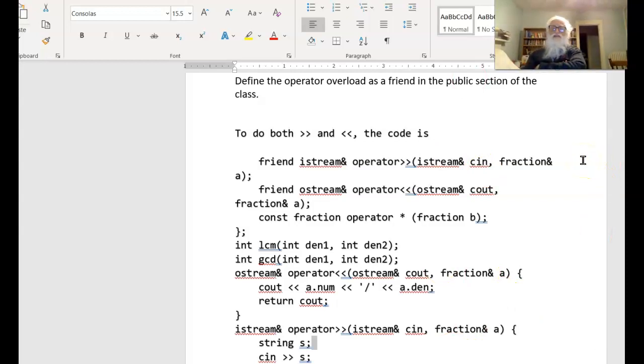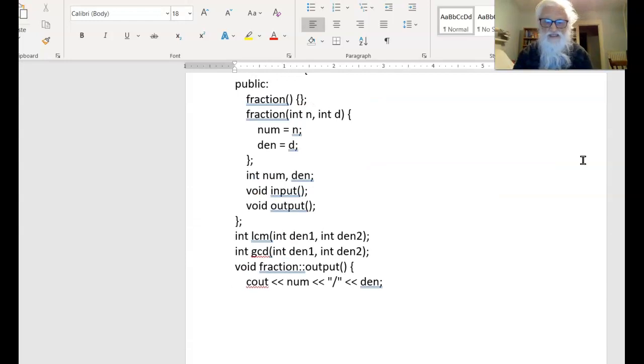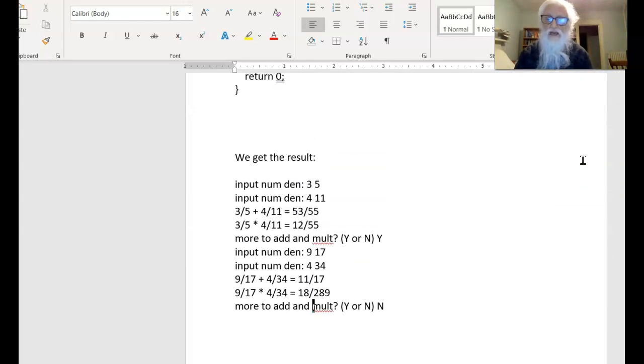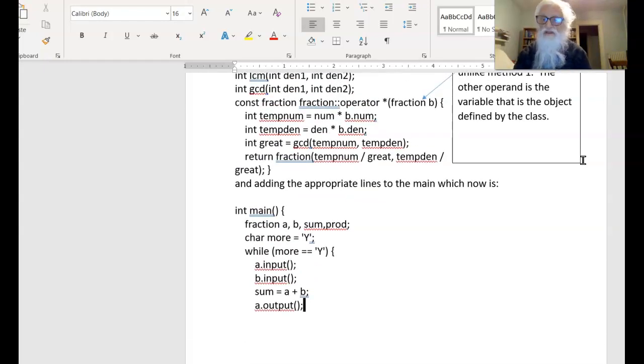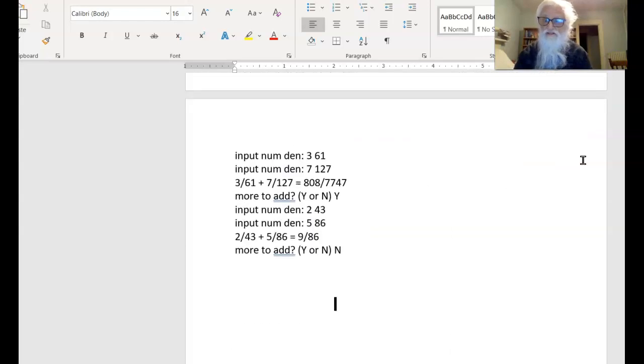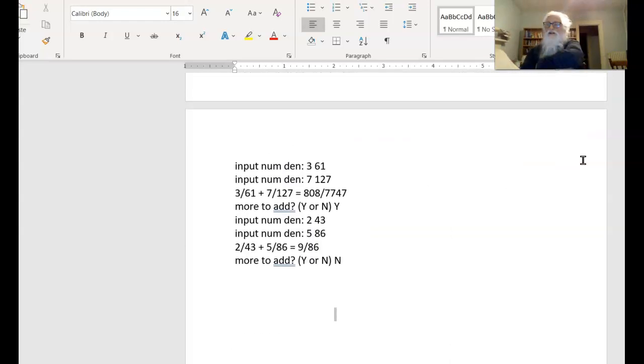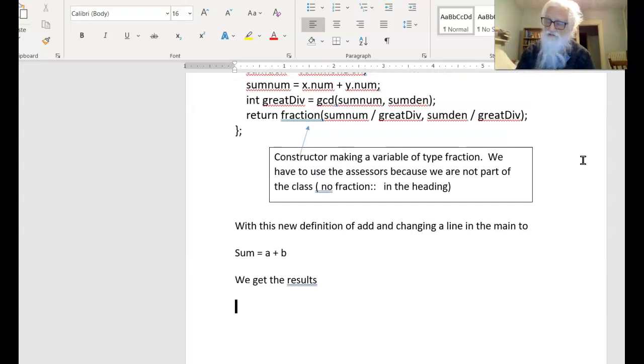So that's what you're going to be using to figure out how to do the overload of the output. The overload of the plus, I did higher up in here. I did one for my case. I would use either one of the first two. I find it more comfortable to use the first method, but you might not. I don't know. But that's what I used when I did mine.